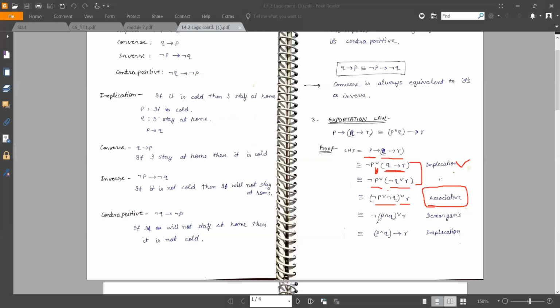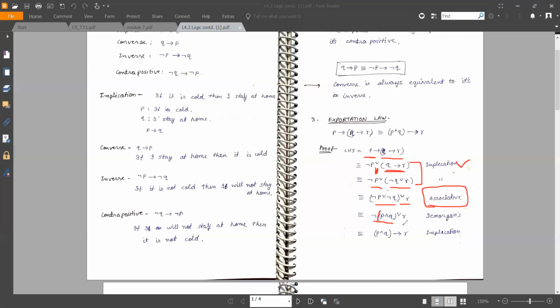Now, using the De Morgan theorem, I would encourage you to pause this video and go check what De Morgan law is. De Morgan law is simply how to apply the negation inside a bracket and vice versa. So here the negation was put on the individual variables, and now we have to combine and put the negation outside this bracket.